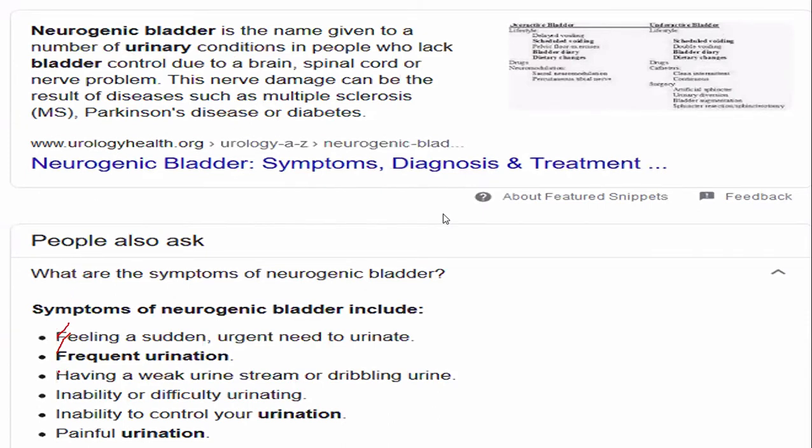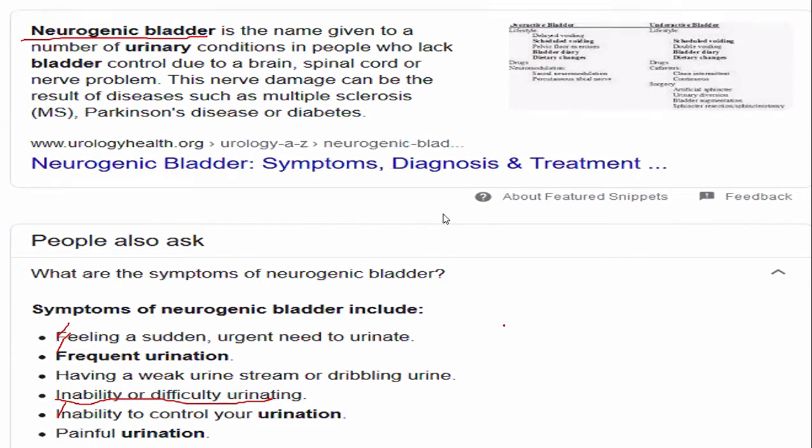Therefore, inability to control urination. But sometimes, in other patients, there could be inability or difficulty of urination. So look at that. You have here two extremes. A neurogenic bladder could either be that the patient just cannot control, could urinate immediately, urinary incontinence.